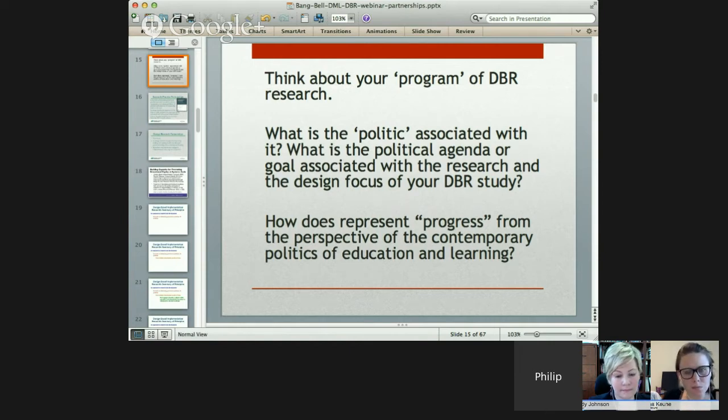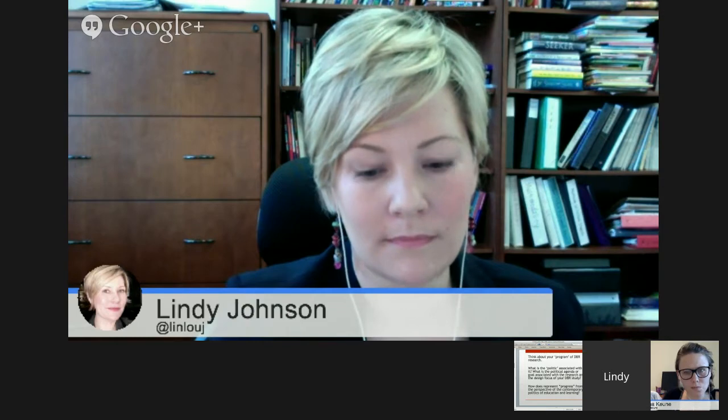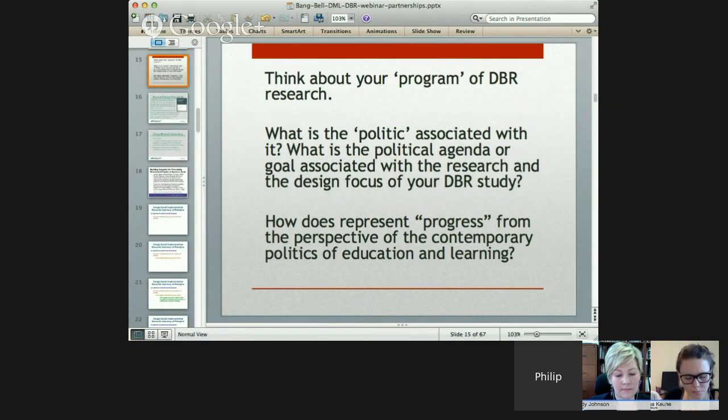I guess the only thing I would add is that I think DBR often is done by interdisciplinary teams of folks working together for sustained periods in ways that I think are less common in at least the action research kinds of endeavors that I've seen. So you do have a division of labor and a capacity to do different dimensions of the work differently when you have a team in place.